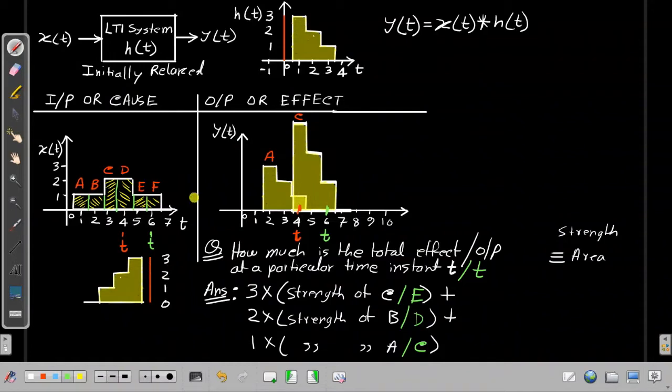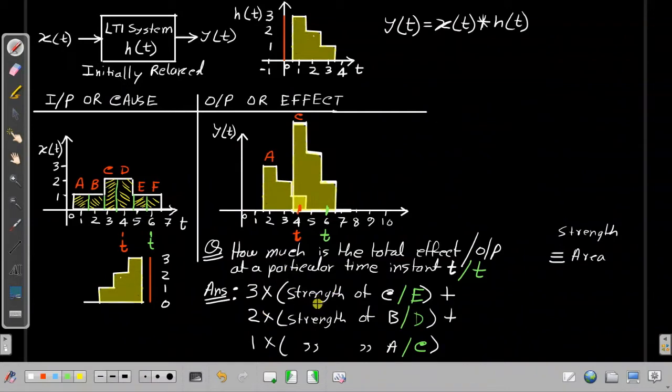Now in this demonstration I have one problem: the slices that I have taken are not infinitesimally narrow, and therefore when you sum the effect of these slices in this way, you will get some error.